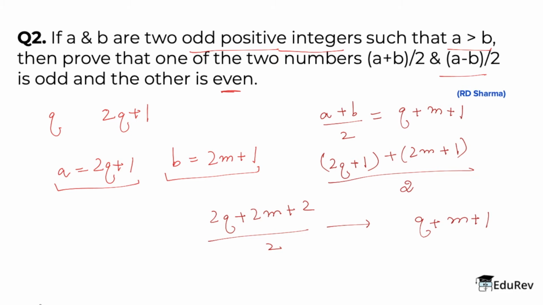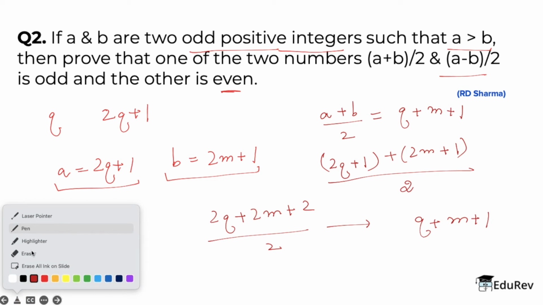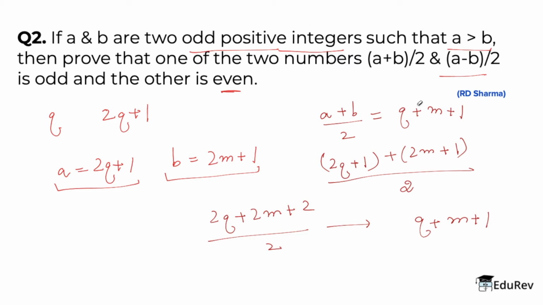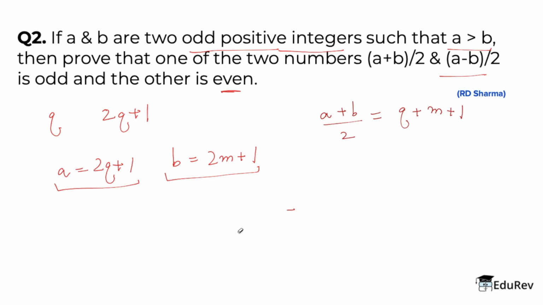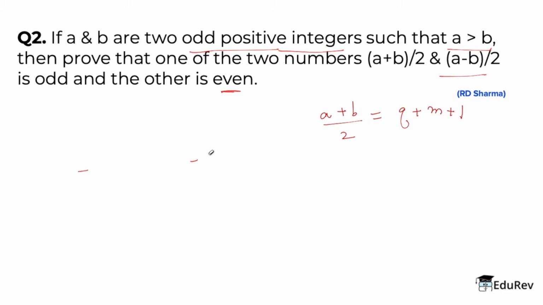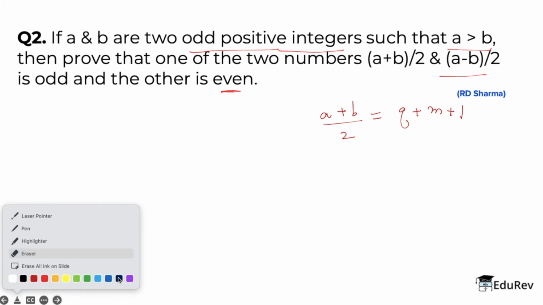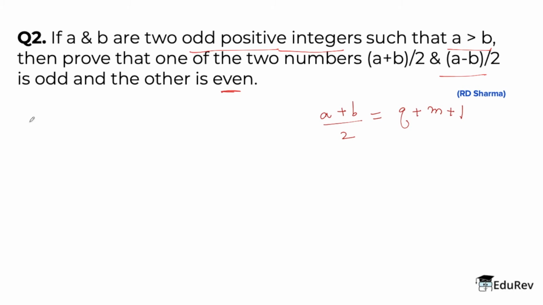Correct? Now similarly, on the same grounds, I'm going to find (A minus B) by 2. So let's solve that also and figure out what (A minus B) by 2 is.